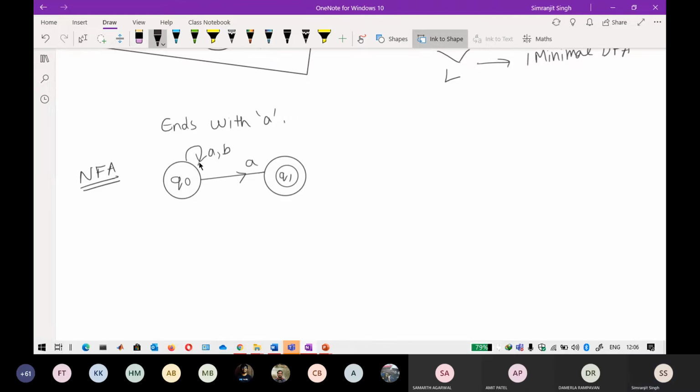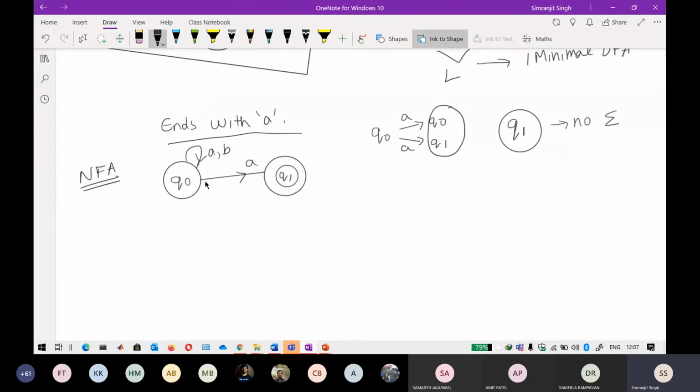On Q naught, on receiving an input of A, it stays at Q naught as well as going towards Q1. So on Q naught, on receiving an input of A, it can go towards 2 different states. On Q1 there is no input alphabet defined. This is an example of an NFA. I will tell you how to draw it, so don't worry about it right now.